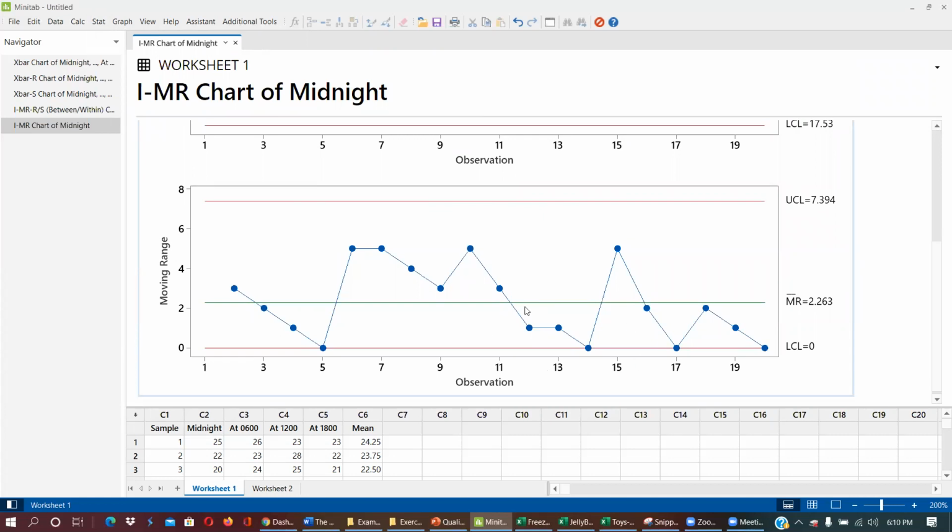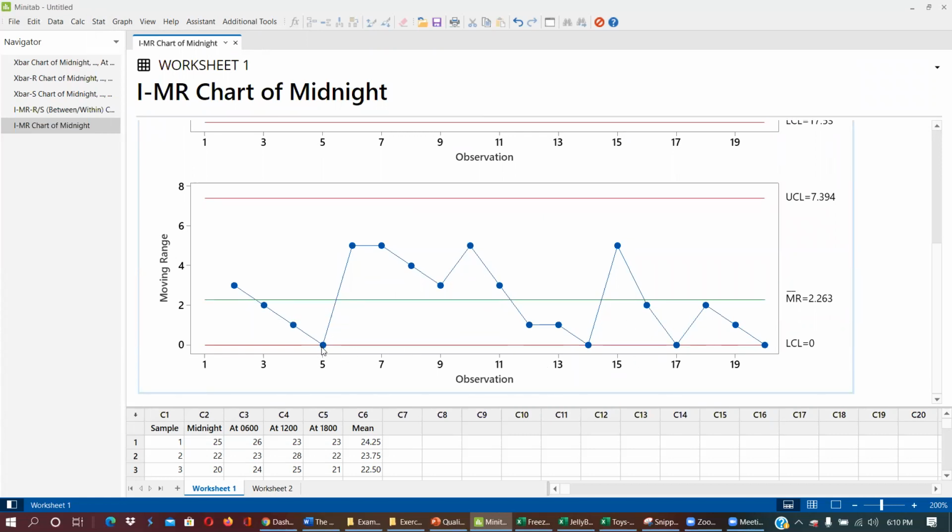Here you can see the moving range. You can see these points 1, 2, 3, 4. The moving range is coming towards the lower control limit. This is the lower control limit, which is 0, and this is the upper control limit, which is 7.3. So 4 points are touching the lower control limit.